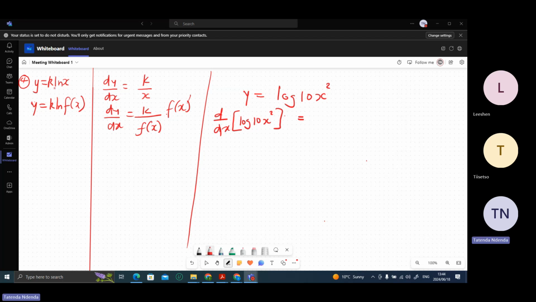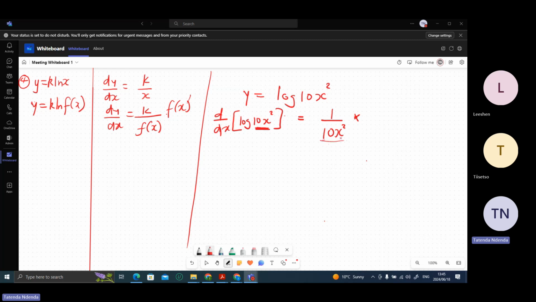Remember guys, if ever you have log or ln, the first thing is to say 1 over the thing which is after the log. So 1 over the thing after the log is 10x squared. Then after that, we multiply by the derivative of that thing which was after the log.